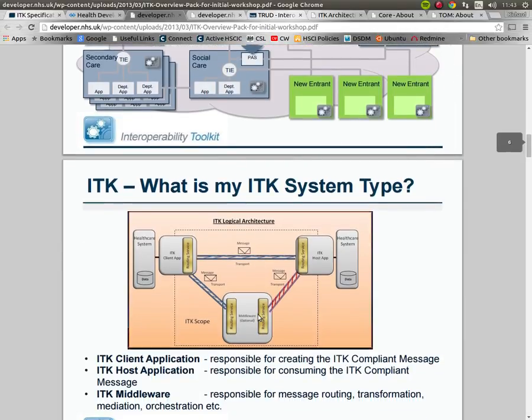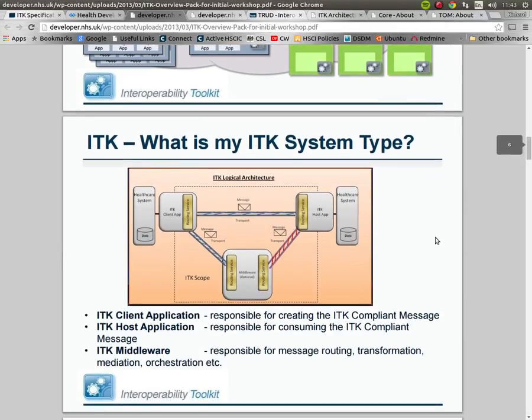It also explains the different system types, as I mentioned previously. So ITK clients responsible for creating messages, ITK hosts responsible for consuming messages, and then the middleware option.